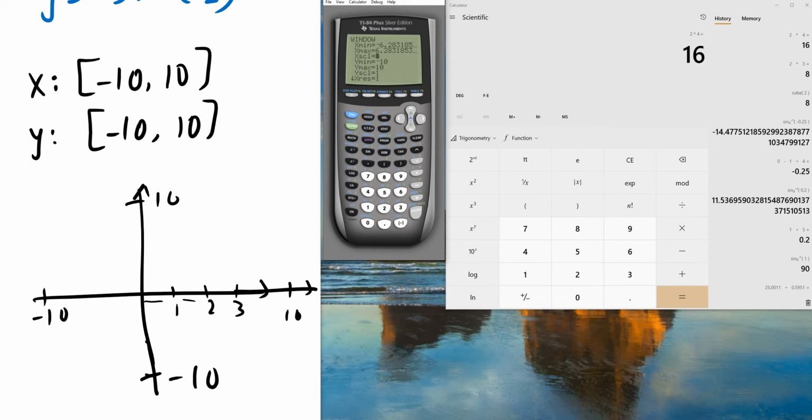Let me graph it like this. See, it only graphs it from negative 2 pi to 2 pi. That's all it gives us.